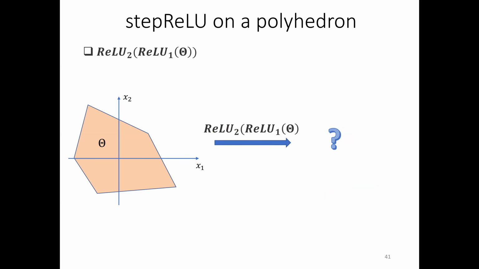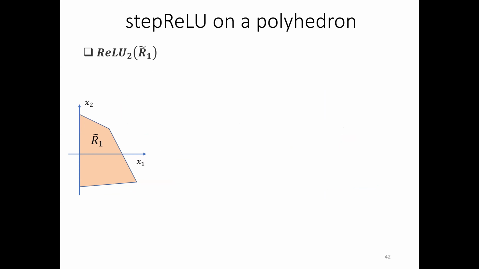Now the question is, what do I get after I apply the ReLU activation function on x2 from the intermediate reachable sets I got after the step ReLU operation on x1? So here we have two cases. Let's consider R1 first.